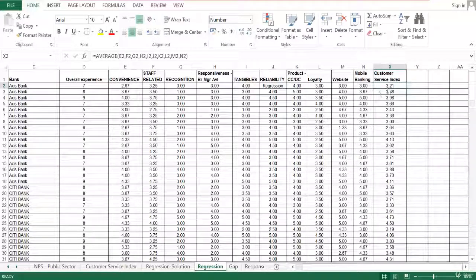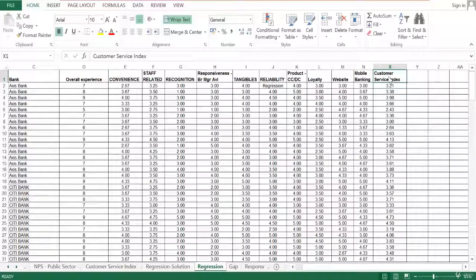So in our case, the dependent variable would be the customer service index, and all my independent variables would be from the E column to the N column. What I'm trying to interpret from this model is, with respect to all the parameters from E to N, which is the most influencing parameter impacting my customer service index.